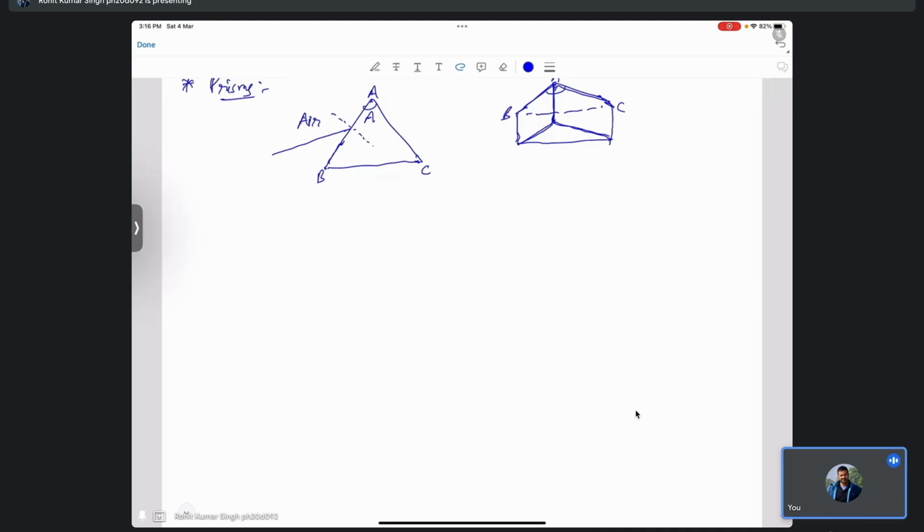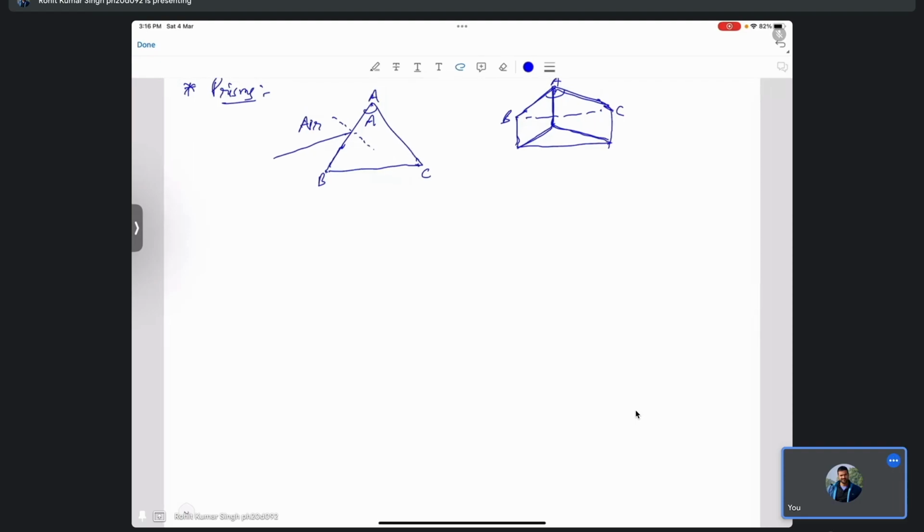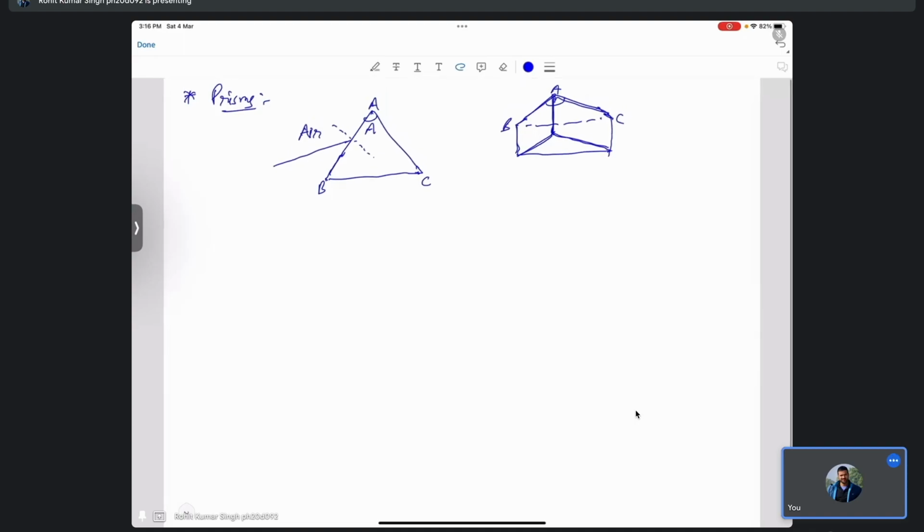When the light passes from a rarer to a denser medium, what happens? Can anyone say? Will it bend towards the normal or away from the normal, or will it continue in the same path? What do you think? You are free to answer here.